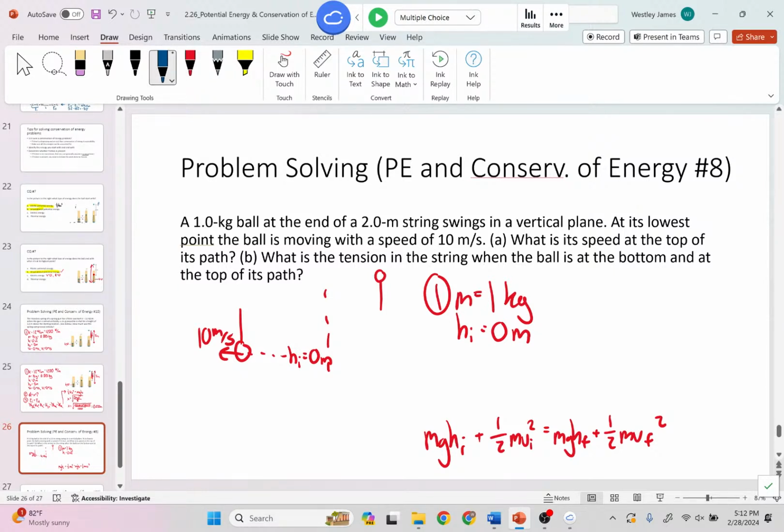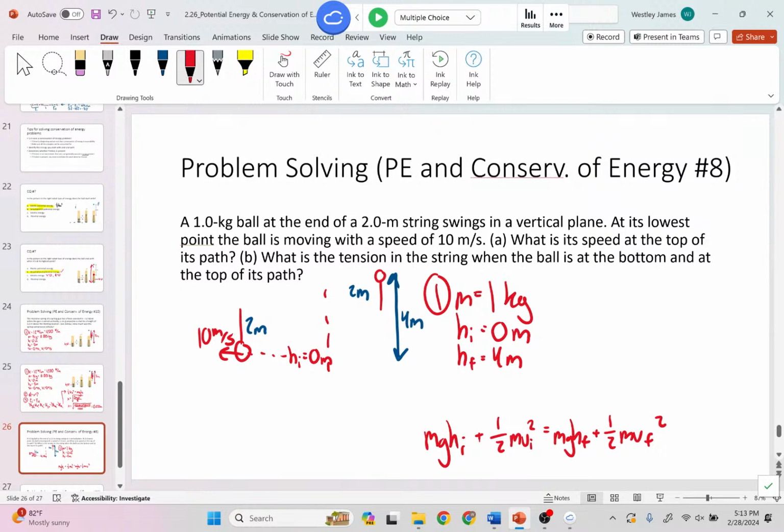We're trying to find this height. If the string is 2 meters here, and the string is 2 meters here, then my height is 4 meters. If you put the final height as 2 meters, try to figure out why, look back at this. It's a good thing to think through.